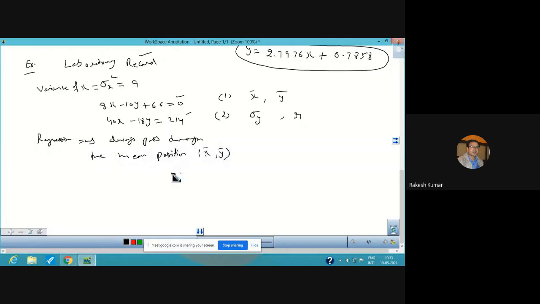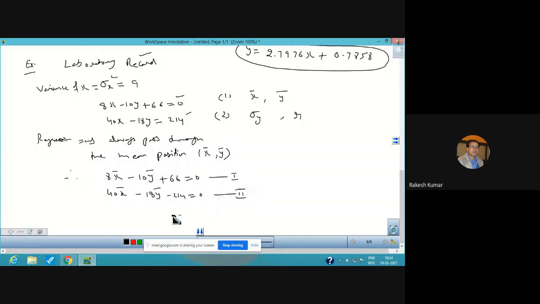Therefore, the equations can be written as 8x bar minus 10y bar plus 66 is equal to 0, name it as number 1, and 40x bar minus 18y bar minus 214 is equal to 0, name it as number 2. So these are the equations.